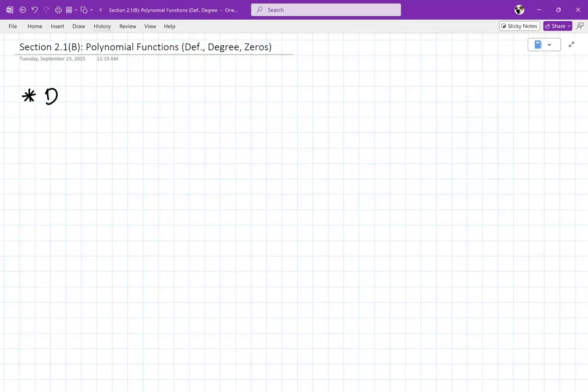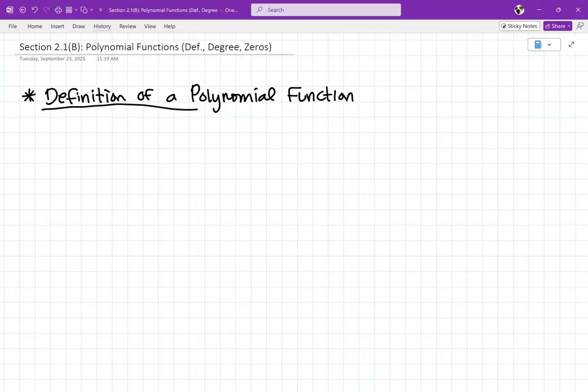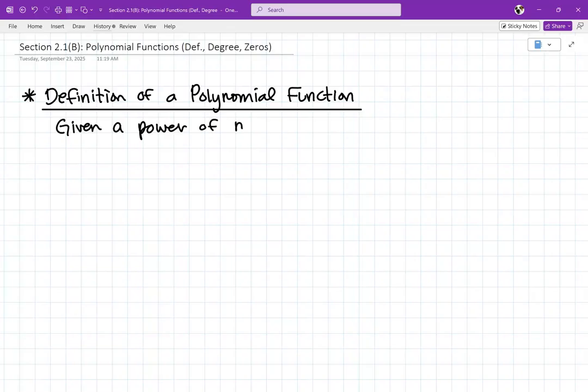So this is the definition of a polynomial function. So I'm going to put, given a power of n. Okay, so I'm going to give you a power of n.